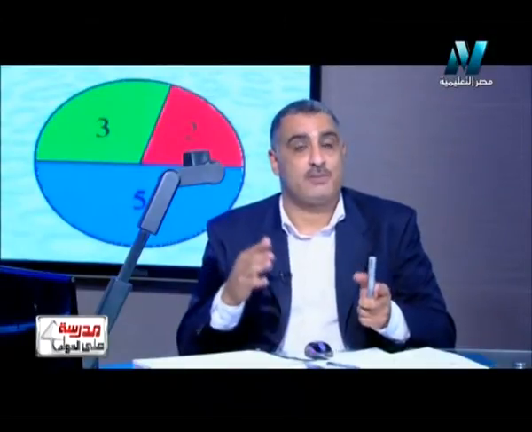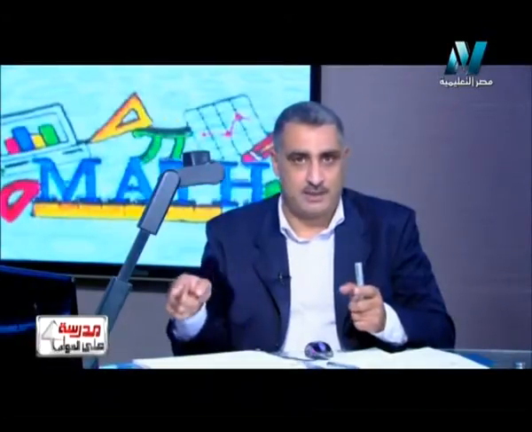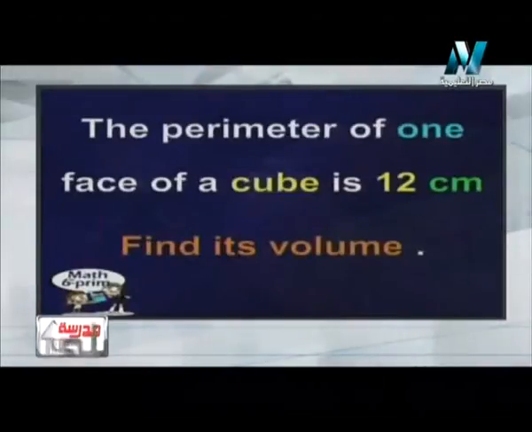The edge length of a cube equals 3. The volume is edge by edge by edge, or s by s by s if we denote the edge length by s, or you can use any letter. 3 times 3 times 3 equals 27 cubic centimeters. It's a very important idea: how to find the volume of a cube if we have the perimeter of its face.